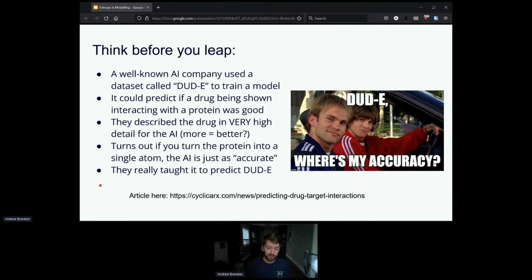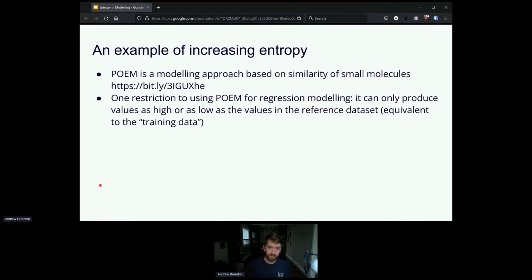So this is a case where testing and considering and framing the problem really could have prevented this, because all you really had to do is realize that you can't predict something at the same level of entropy that you're building your model from, essentially.